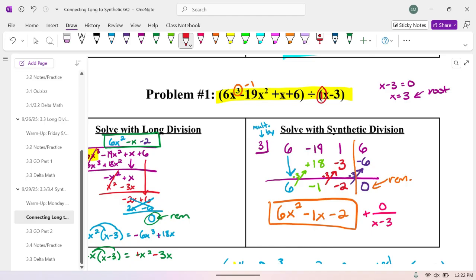So it should be like 0 here. Every single one. Please don't use the 1. You just have to have the zeros for placeholders.